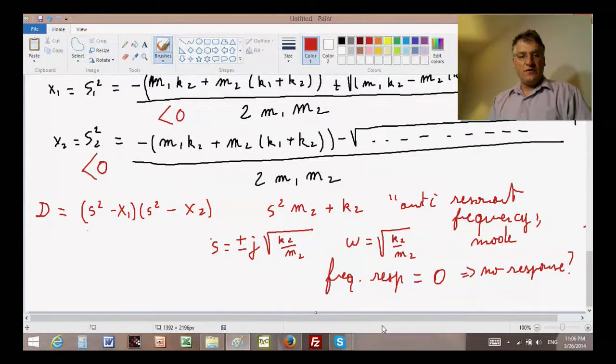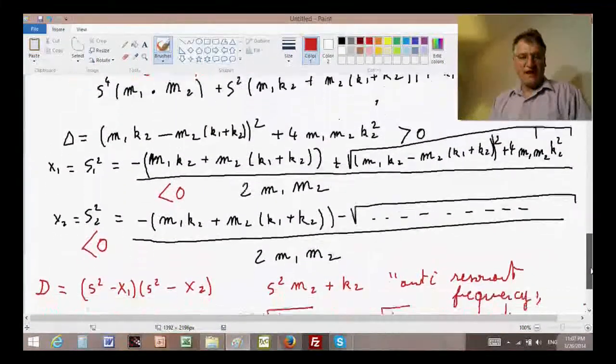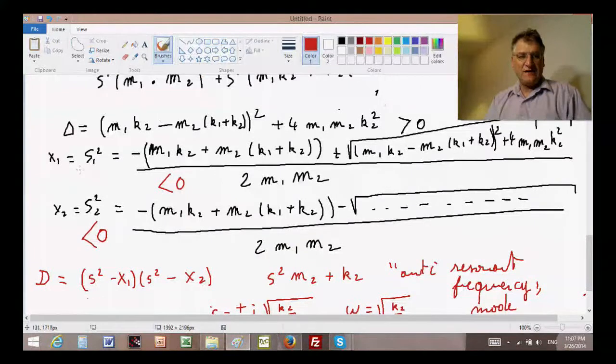And interestingly, what we will want to prove now is that this area where there's no response, it's named a notch, happens to be at frequencies that are exactly between the frequency coming from x1 and s1 squared and x2, which is s2 squared.